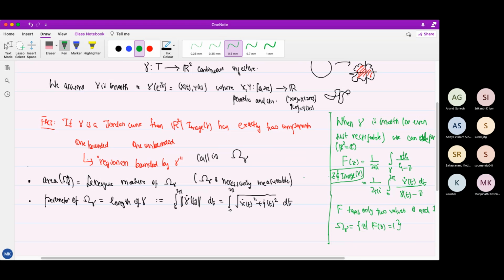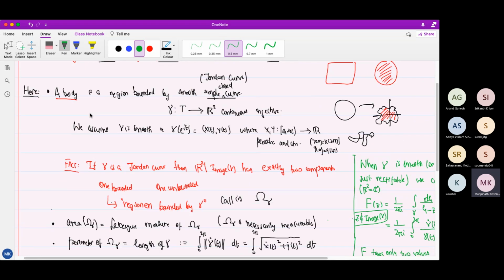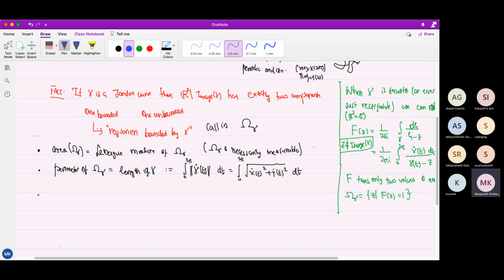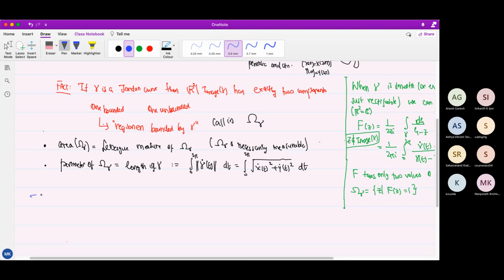But I want to tell something about the area. Now we can state a theorem. If gamma is a smooth Jordan curve, the area of omega gamma is bounded by the length.